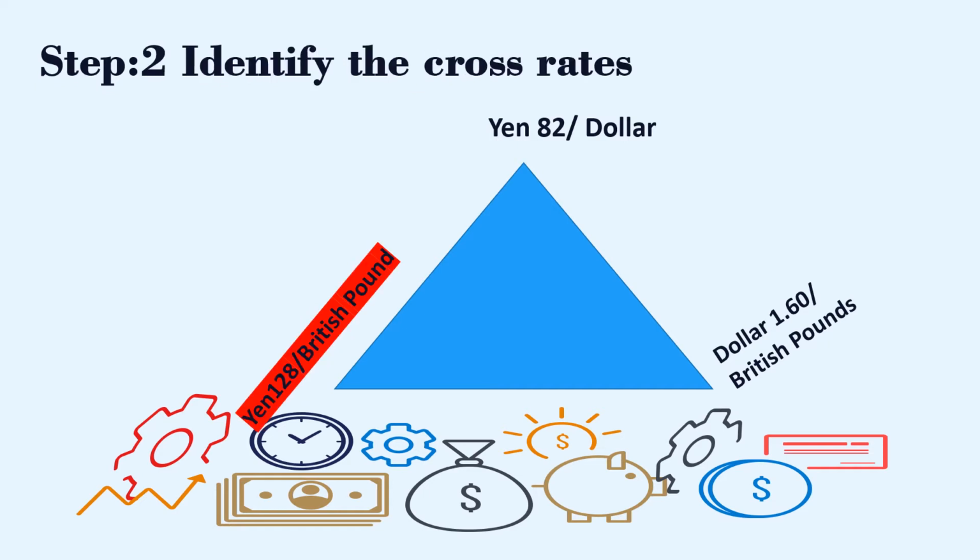In step 2, we have to identify the cross rates. We have already mentioned that we have three price quotations with three different banks. In Bank A, we have yen 82 per dollar. In Bank B, we have $1.60 per British pound. And in Bank C, we have yen 128 per British pound. How will we identify the cross rates?